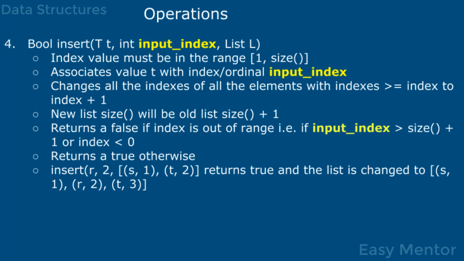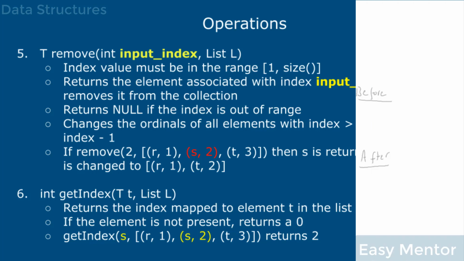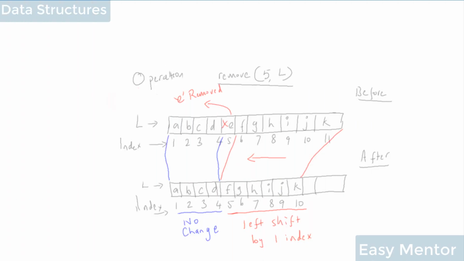So the next operation is remove, which behaves the same way as insert, except that it removes the element from the list. Depending on which element is being removed, the removal affects the ordinal mapping of the rest of the elements. So if you remove an element from the middle of the list, all the elements to the left don't change their mapping to the ordinals, they remain the same. All the elements to the right of the element being deleted will have their ordinal mapping decremented by 1.